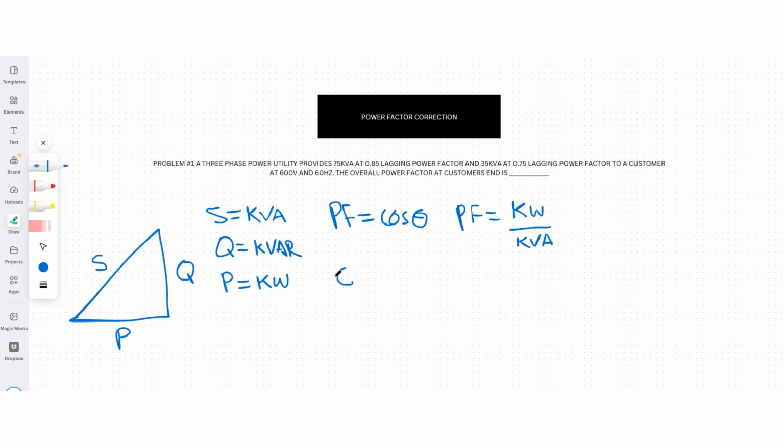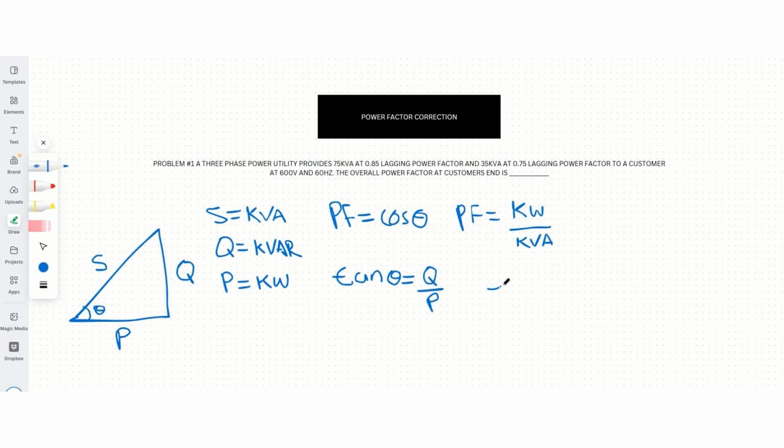And then we have tangent theta equals Q, the reactive power, over P, the real power, which is the opposite over the adjacent, by doing trigonometry from your angle right here.